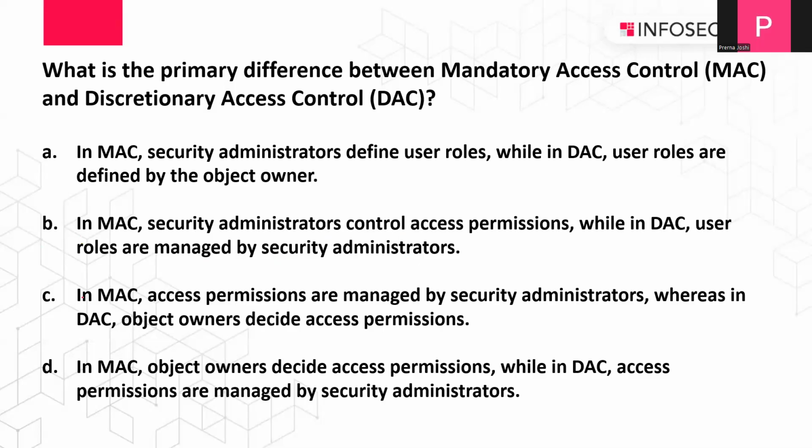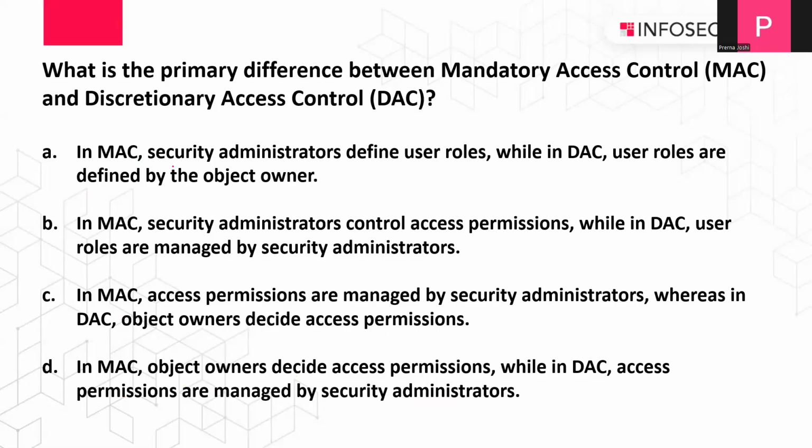Then C: in MAC, access permissions are managed by security administrators, whereas in DAC, object owners decide access permissions. Then option D: in MAC, the object owner decides access permissions, while in DAC, access permissions are managed by the security administrator. Among these, we have to find the difference.